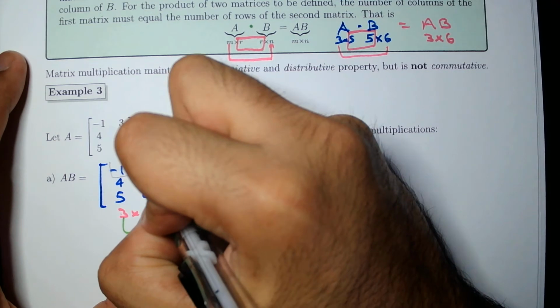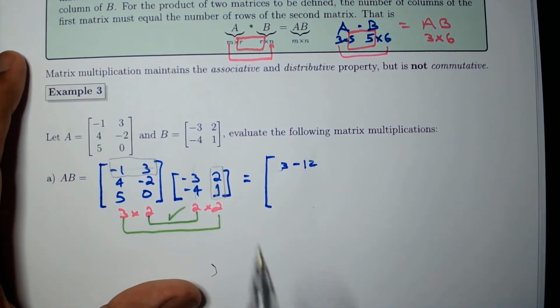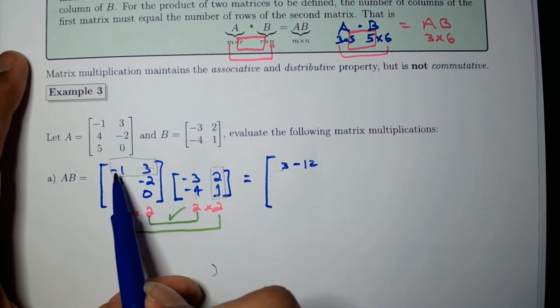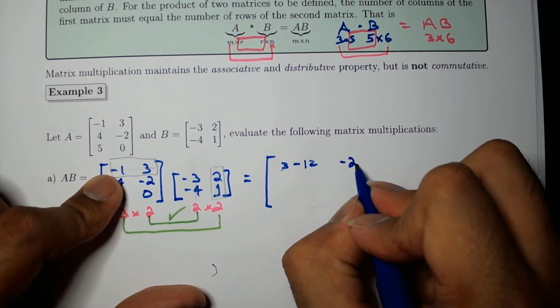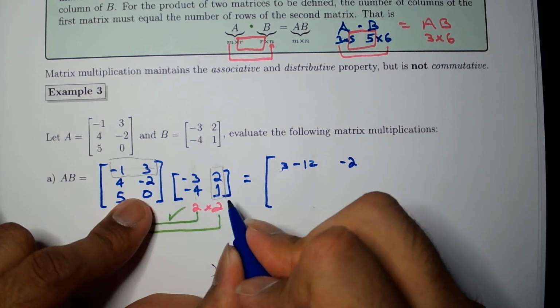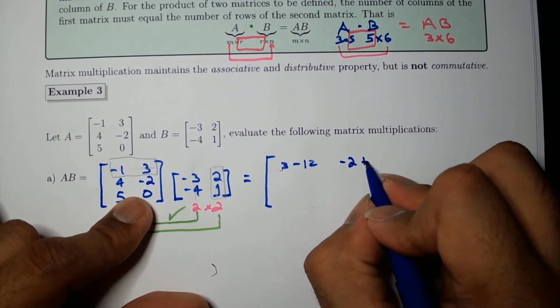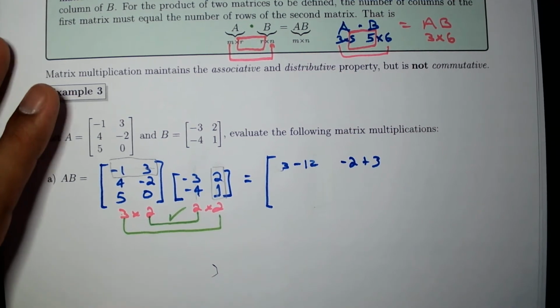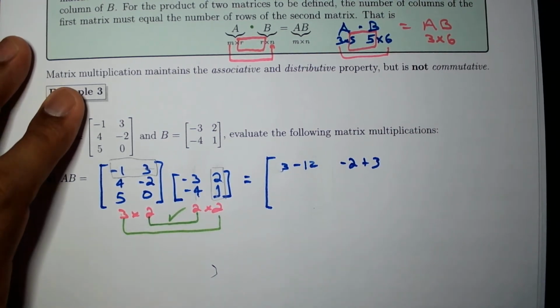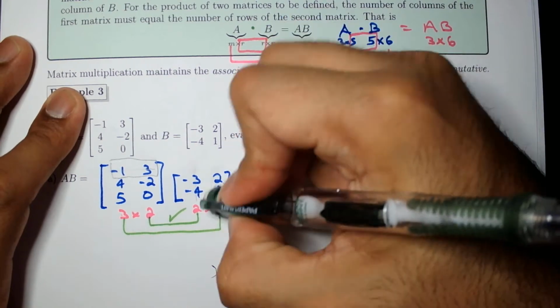So I'm going to multiply the first row times the second column. So that's going to give us -1 times +2. That's a -2. And then 3 times 1. That's a +3. Okay. Let me erase these boxes.